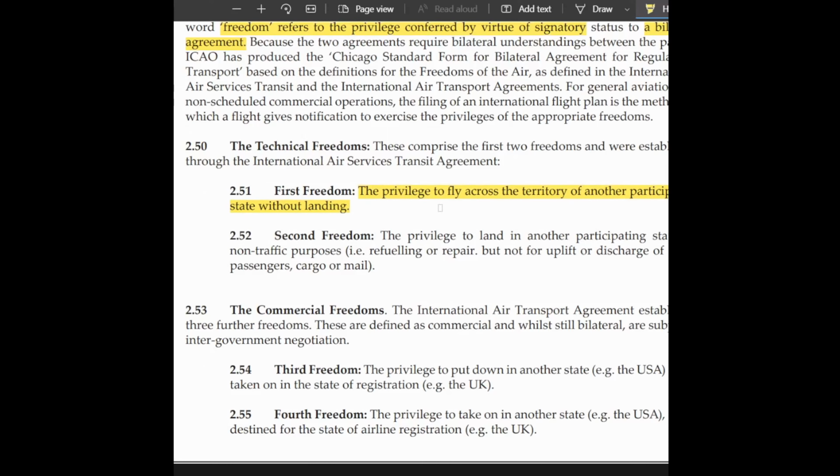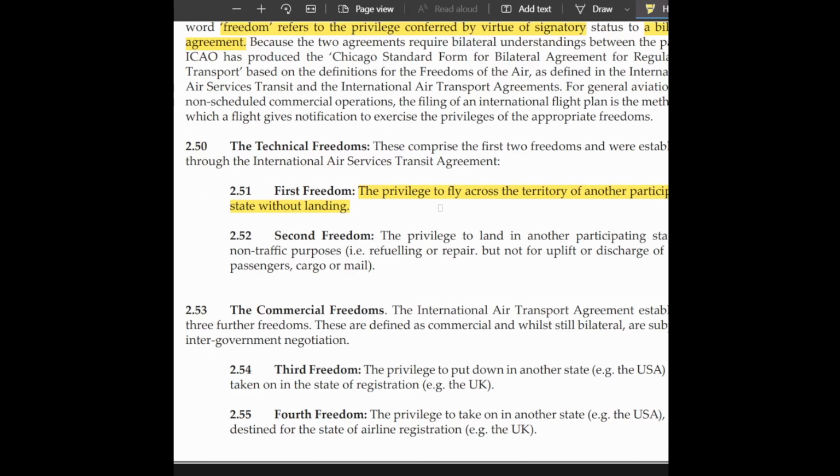Now, globally, at any point of time there are at least 12,000 aircraft in the air. If every aircraft has to call up the country to take permission, people's heads will explode. And it would be hard for ICAO to maintain all the records.